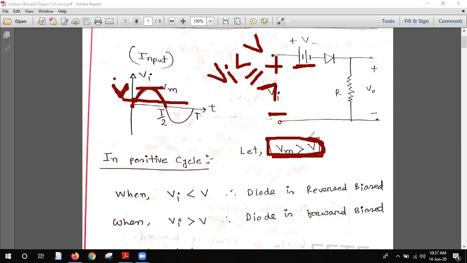So you see that the transition happens at first, because at the very beginning, let me draw one more diagram, a bigger one, which will help you. Suppose this is the positive cycle.